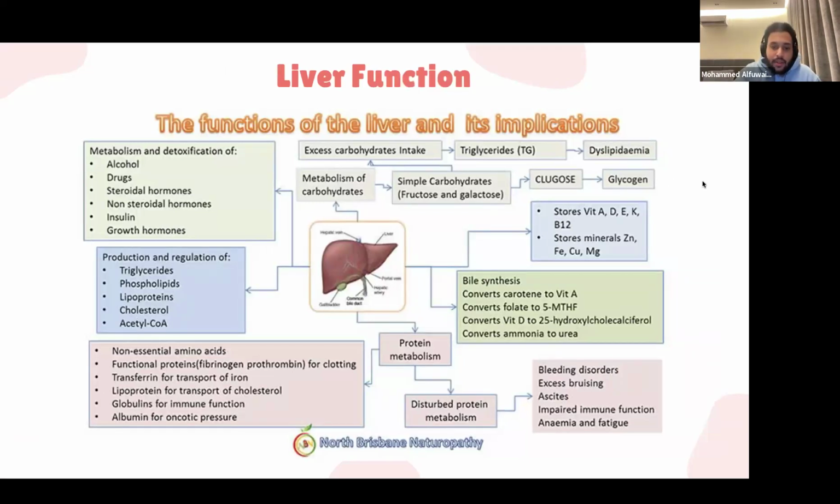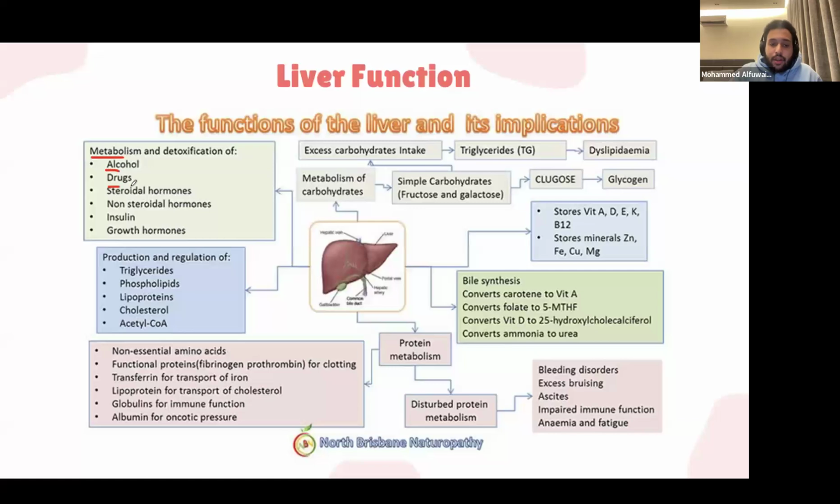There's many functions of the liver. Liver does a bunch of stuff, okay? By far, it does a lot, okay? We'll talk about some of the important functions. First of all, it metabolizes and detoxifies drugs, alcohol, hormones, which is very important. Why is this all important?